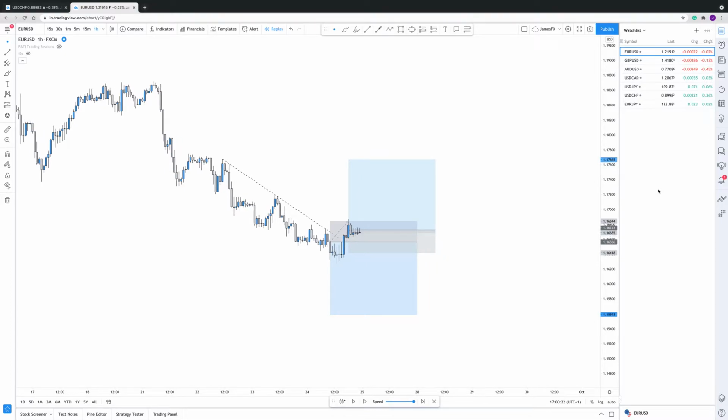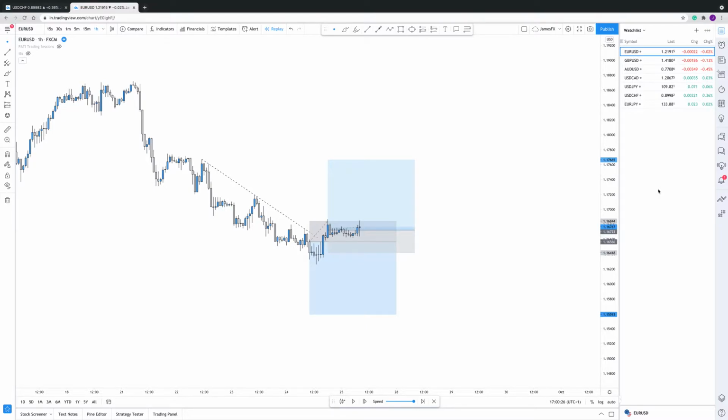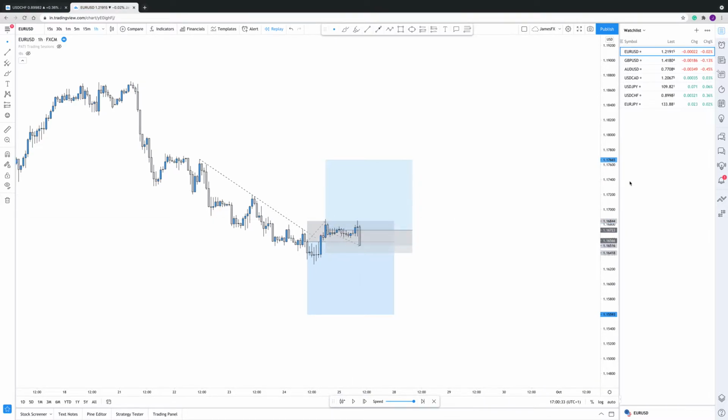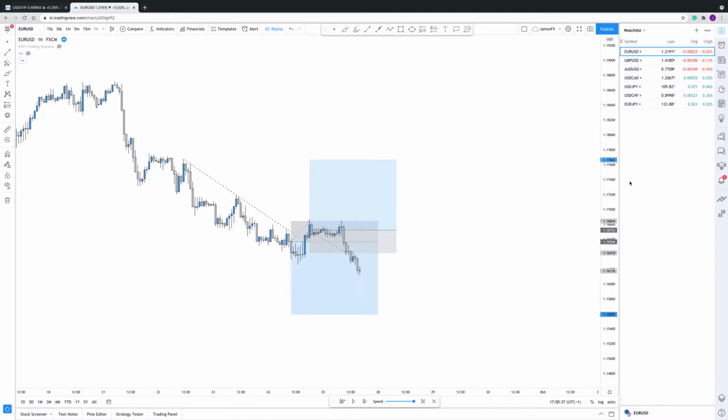Well, price pushes up, a bit of profit, and then we range. So this is building liquidity. We do also have equal highs, but then you see price comes down, and eventually it puts in that new low. So what we've done here is taken liquidity from sellers and taken liquidity from buyers.